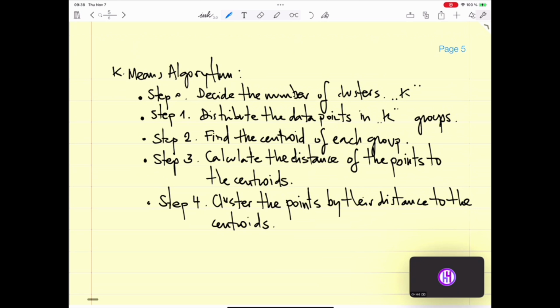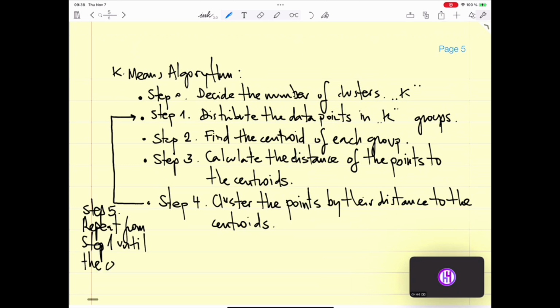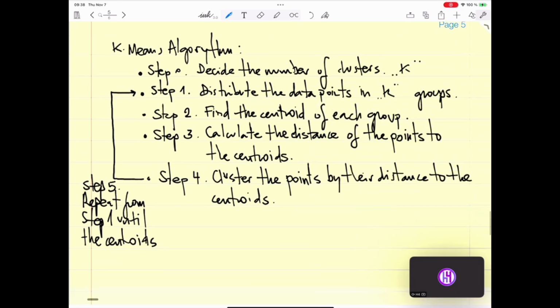Step 5, repeat from step 1 until the centroids are constant.